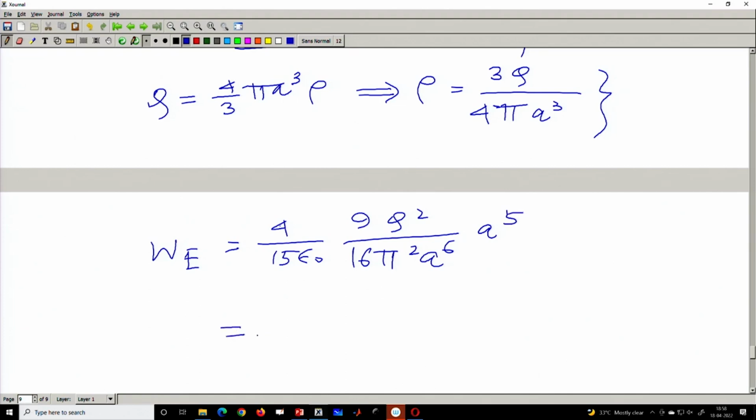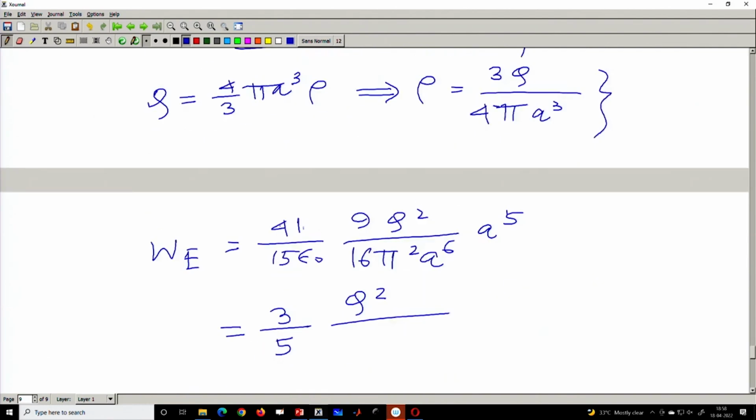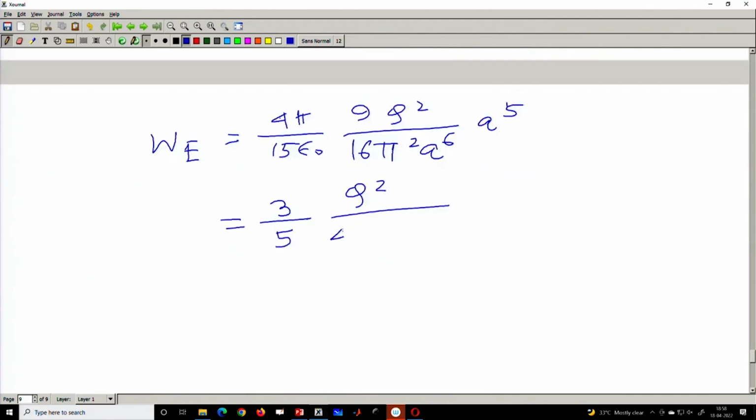So, a few terms will cancel out, for example 4 and this here, and then 3, and so I should have 3 divided by 5, and then q square. I should have a 4 pi here also, so I missed that. So, that pi will also cancel out. So, simply I have 4 pi epsilon 0 and then a.